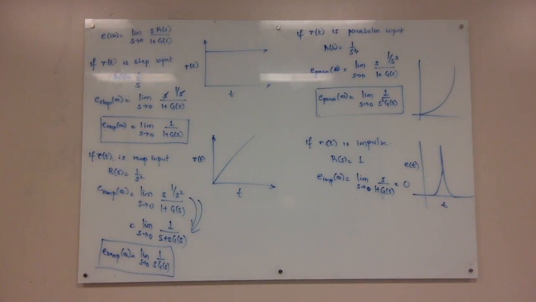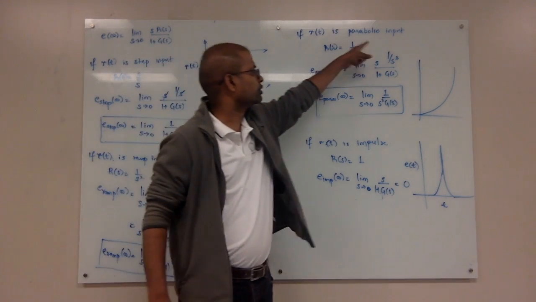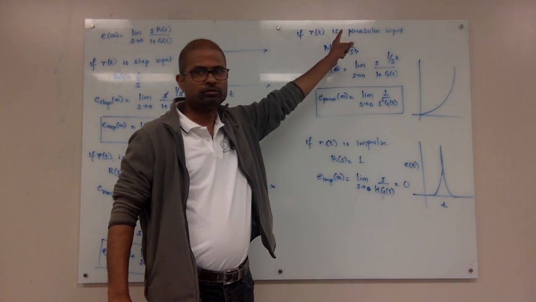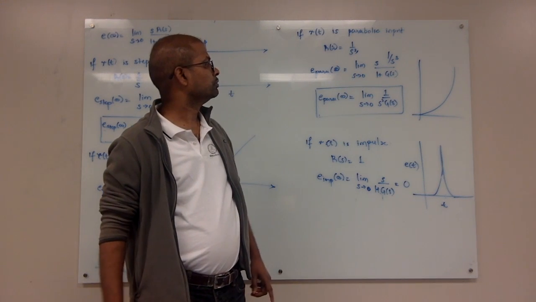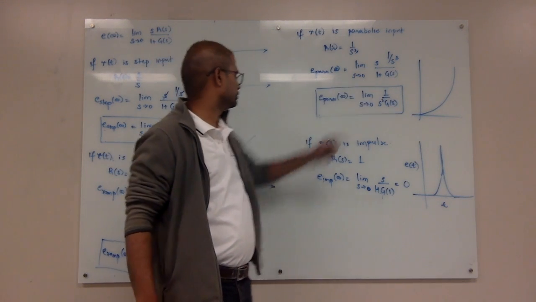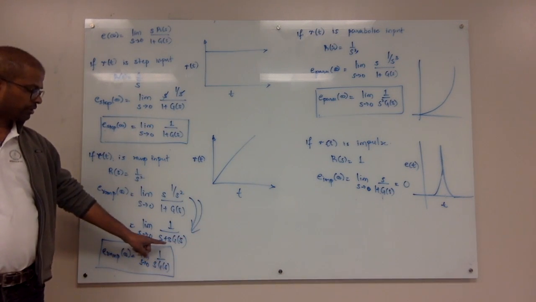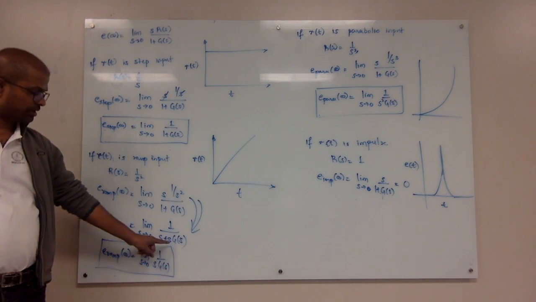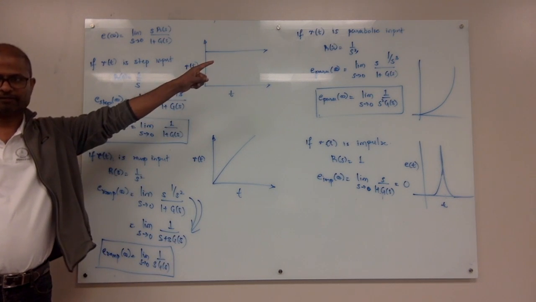Does that say E_p? E_p, parabolic input. Shouldn't the S squared be distributed to the whole as well? Yeah, so what will happen is, think about this. It'll be S plus S into G of S. It will be S squared plus S squared G of S, right?